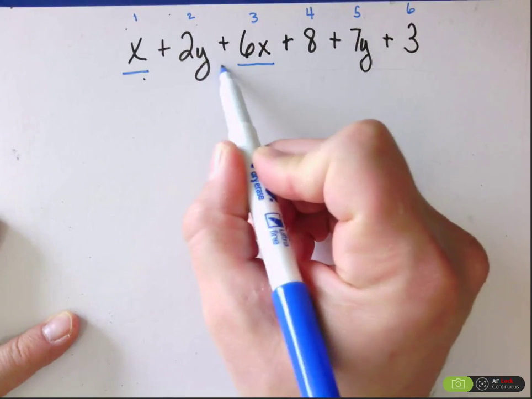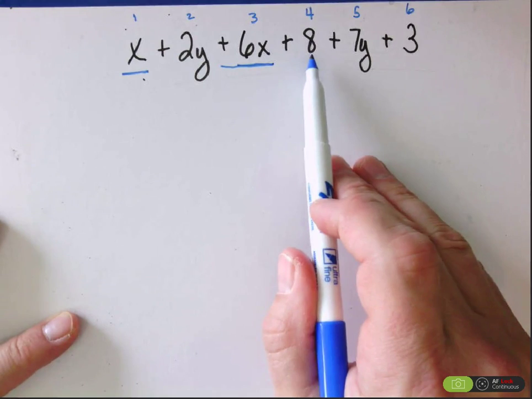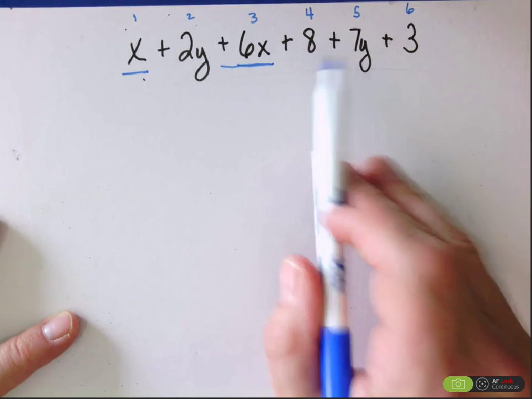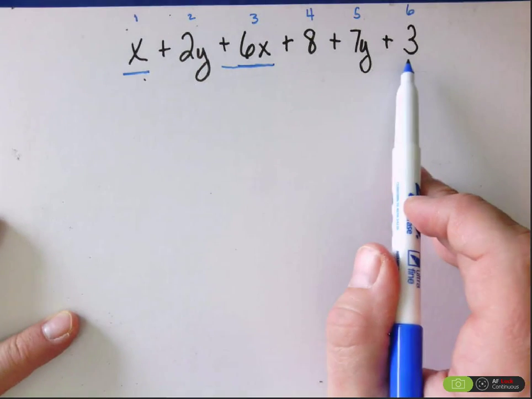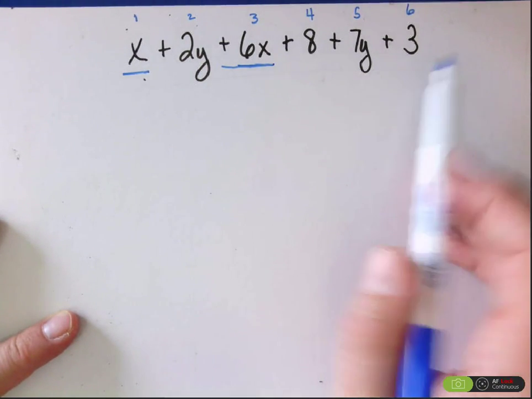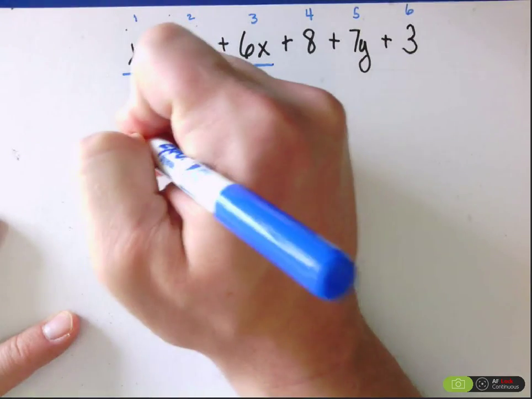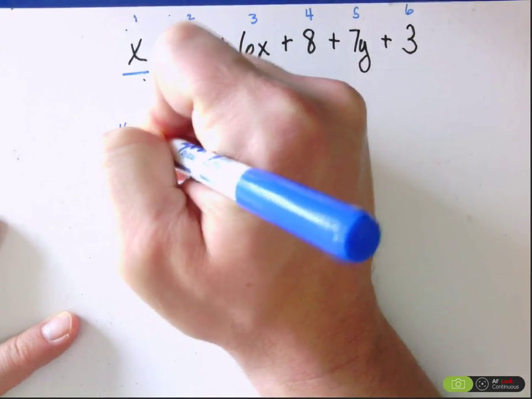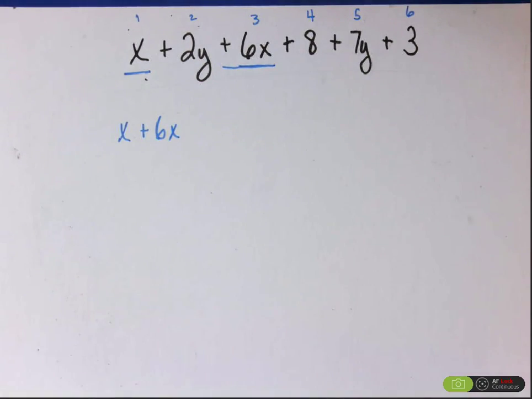So plus 6x, remember, we want to pay attention to that. 8 is a constant, so it doesn't have a variable, so it can't combine. Y is different than x, so it can't combine. And 3 doesn't have a variable, so it can't combine. So we're looking at x and plus 6x combined. So we go x plus 6x. Okay?